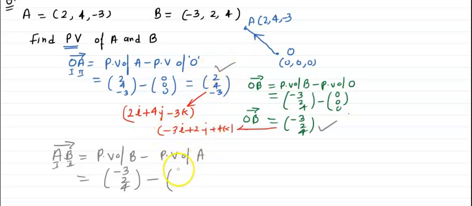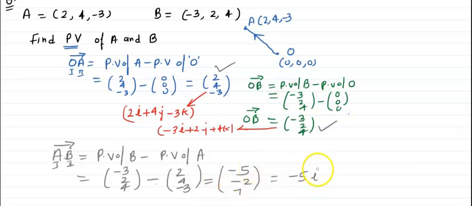So -3 minus 2 becomes -5. Then 2 minus 4 becomes -2. And 4 minus minus 3 becomes plus, so it should be 7. You can write it like this, or as -5i minus 2j plus 7k. Is that okay?